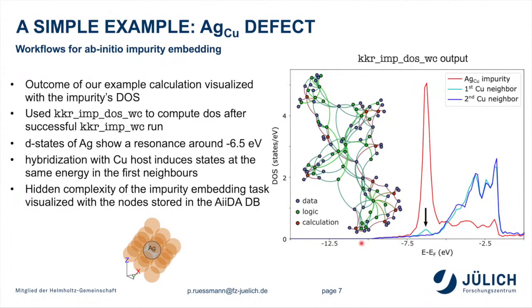To illustrate how complex the full calculation actually is, I put in here an export of the AiiDA graph that you find from the AiiDA database. Here the different colors of the nodes are data nodes, which are, for example, the input structure or input and output dictionary nodes of calculations. Logical nodes, which are workflows or calc functions, and actual calculations like Voronoi, KKR host, and KKR calculations.